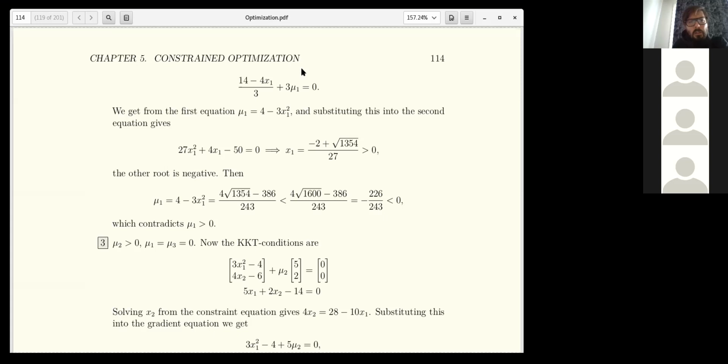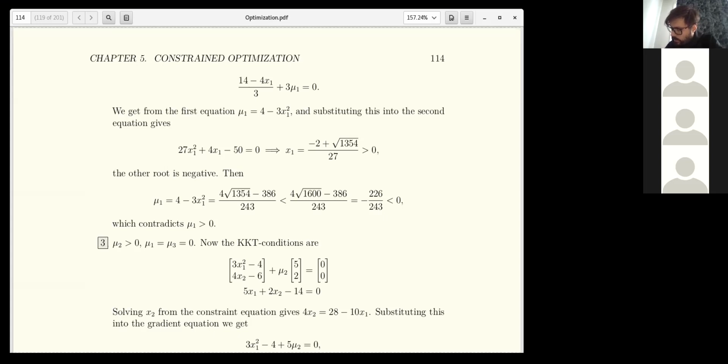I think it's multiplied by 3 all in all. So when we get 14, 3 plus 3 mu1 equals 0. So I think there's a missing mid piece. So we get here substitution. I'll write this and I'll show it shortly.